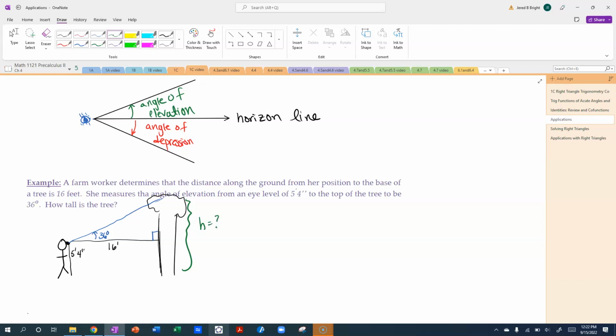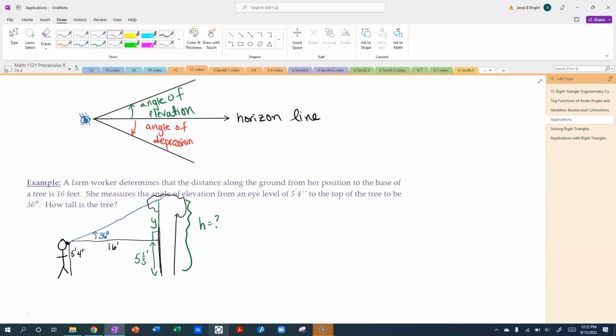This is the height that is unknown. I technically already know that from her eye on down is 5 feet 4 inches, which if we convert that all to feet, is 5 1/3 feet. 12 inches in a foot, remember? So we just need to figure out how much this additional bit, y, is.